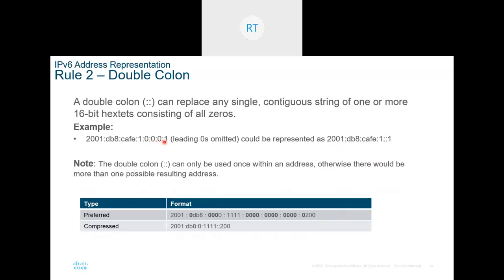If you put a double colon here and a double colon here, the operating system may not be able to interpret how many zeros are represented by this double colon and how many zeros are represented by this double colon. So the double colon should always appear once.